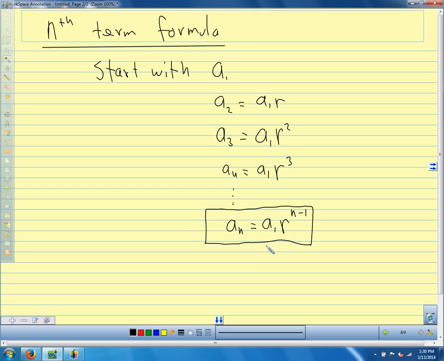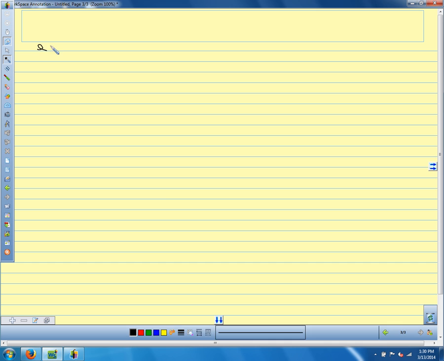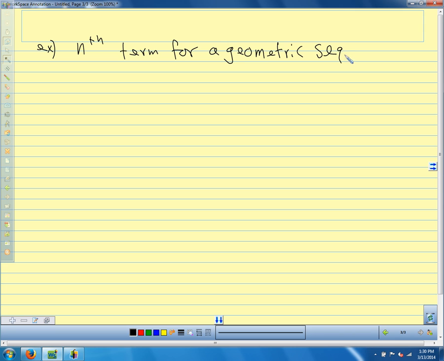All right, so let's use this formula to do a couple of examples. Let's say we want the nth term. This one's easy. We have a geometric sequence with a sub 1 equals 5 and r equals 2.